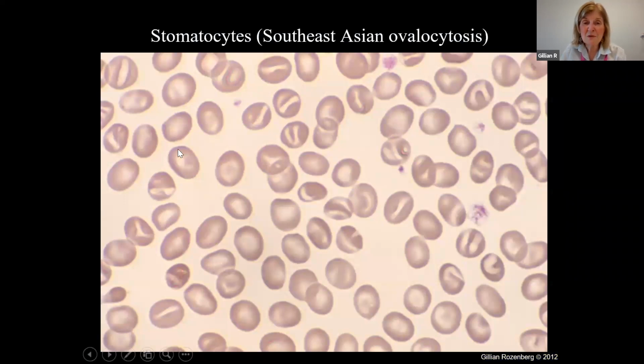So here are the classical stomatocytes of Southeast Asian ovalocytosis. You need to look for the 2 slits, and sometimes the slits are V-shaped. So 2 slits here, classically found in Southeast Asian ovalocytosis.